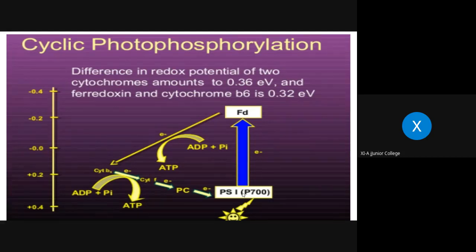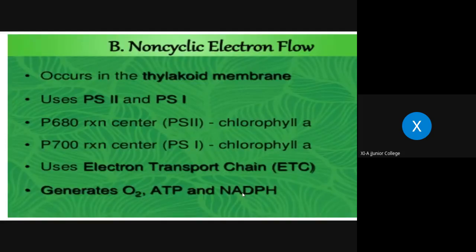Now we'll come to the non-cyclic way of photophosphorylation. Here, instead of one photosystem, two photosystems or two pigment systems are used. It is not enough for the conversion of light energy into chemical energy just to produce ATP; it produces one more type of compound, that is NADPH.